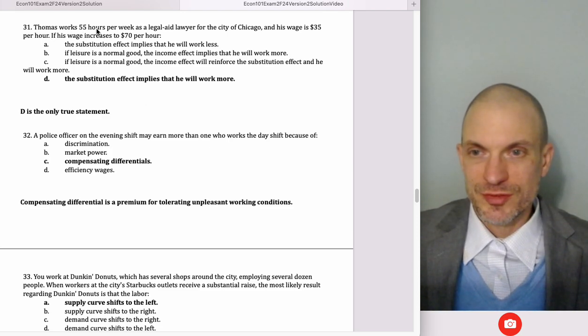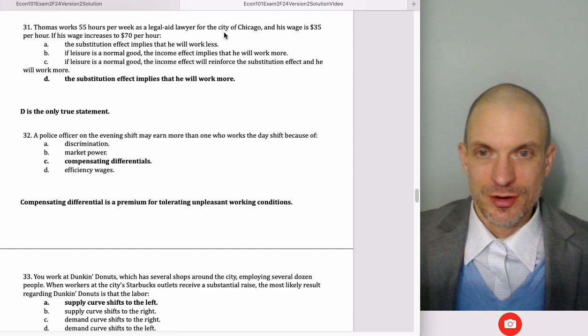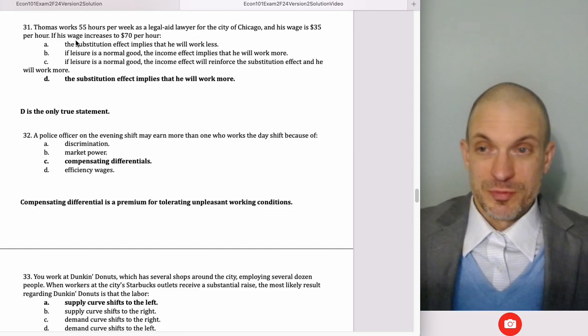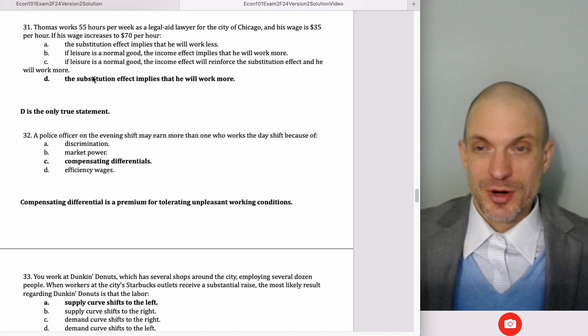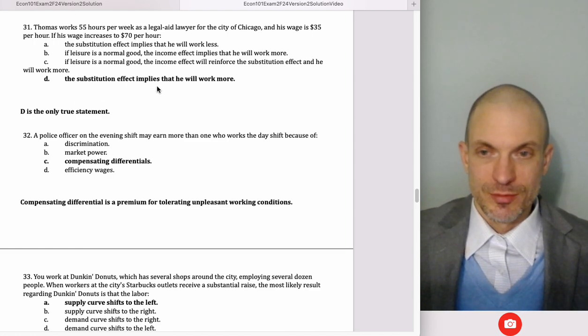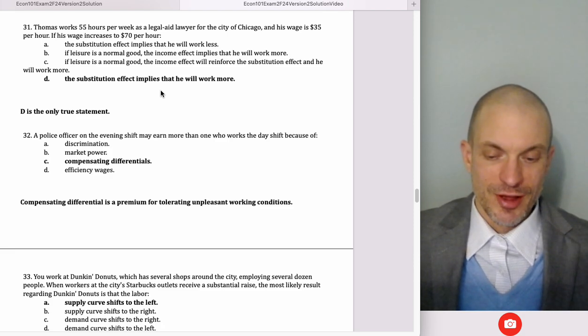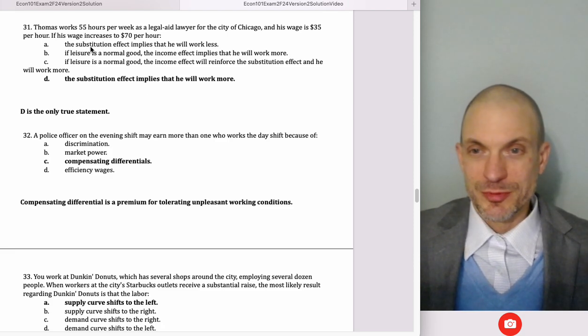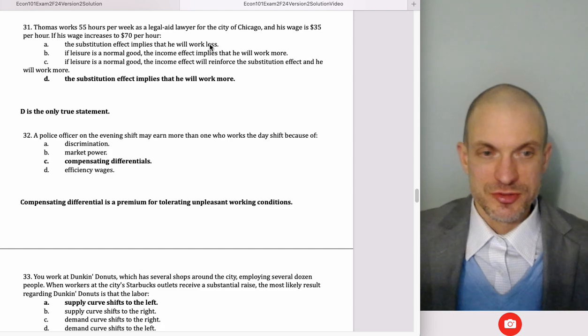Let's see. Thomas works 55 hours per week as a legal aid lawyer in the city of Chicago, and his wage is $35 per hour. If the wage increases to $70 per hour, which of these is true? Well, the substitution effect implies he'll work more. Substitution effect says as wage rises, working becomes relatively more attractive, and so the substitution effect would say you'd work more. Substitution effect implies you'll work less is just explicitly false.